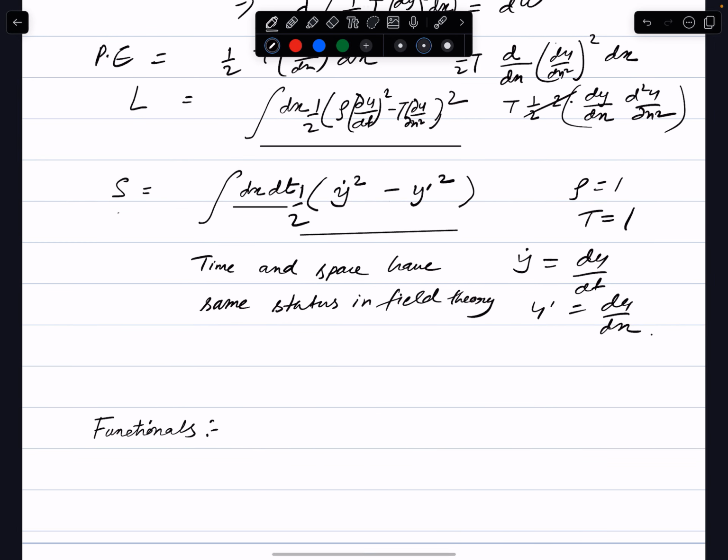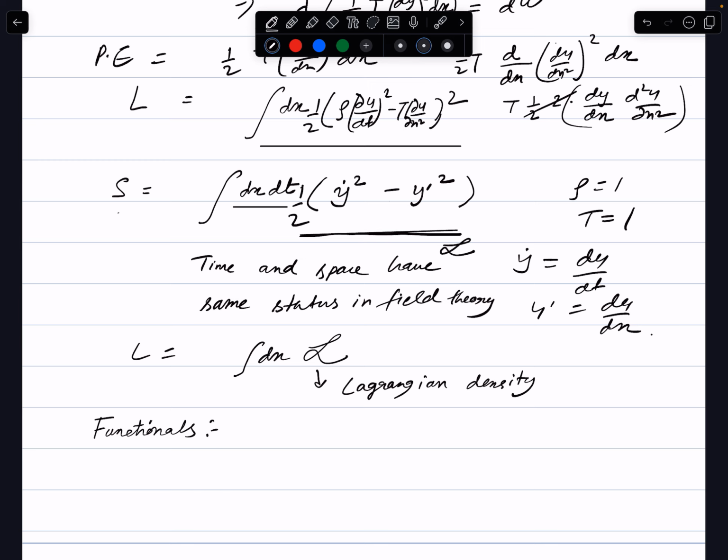Now it makes sense, because the integral is over the Lagrangian, to call this part which I am integrating over something, and we give it a name. We call it the Lagrangian density. So we write L is equal to the integral of dx times this curly L, which is the Lagrangian density.